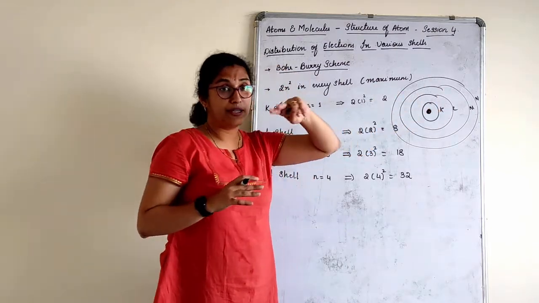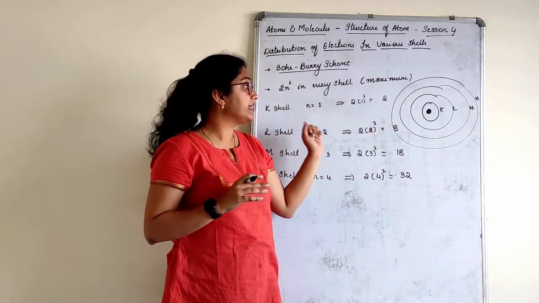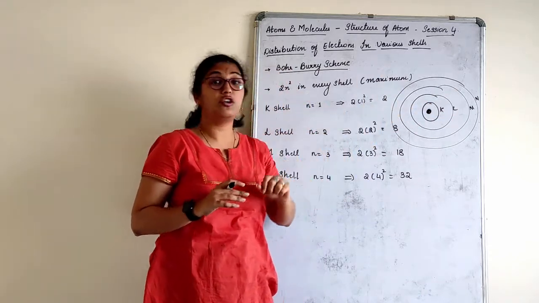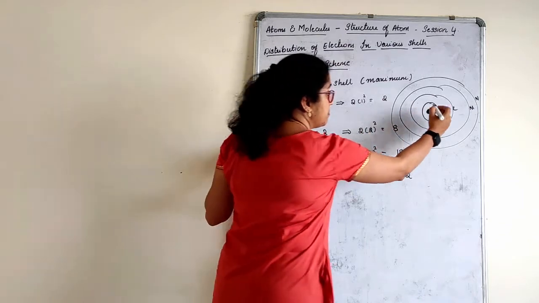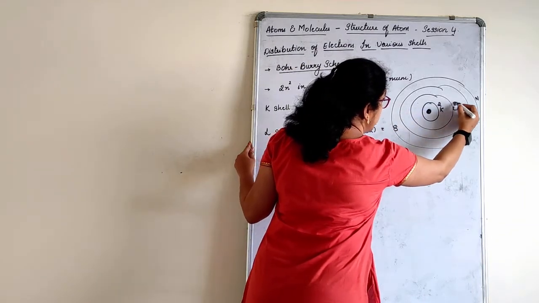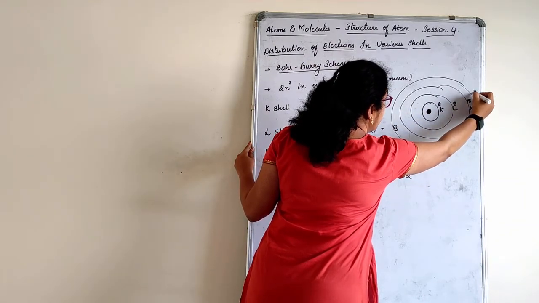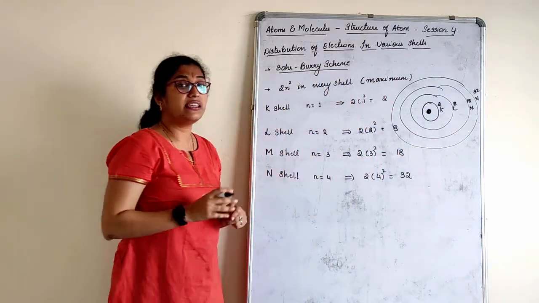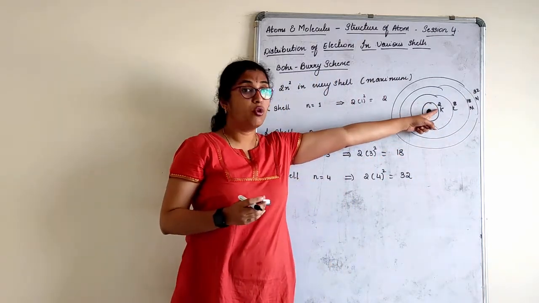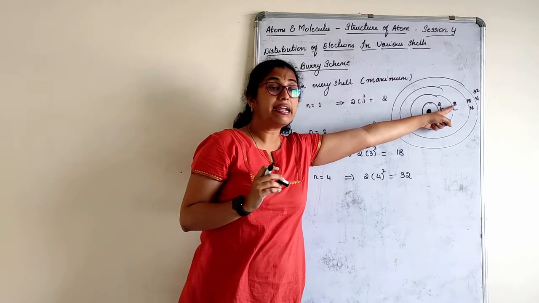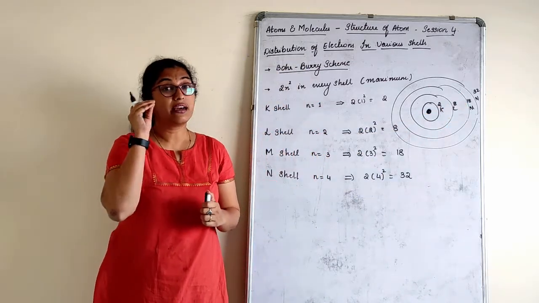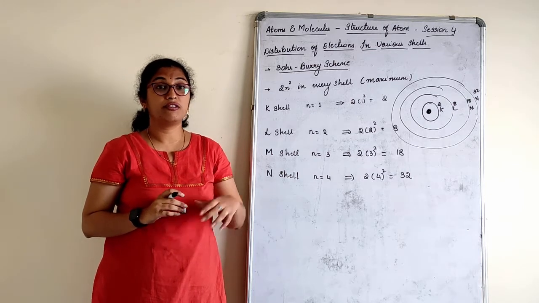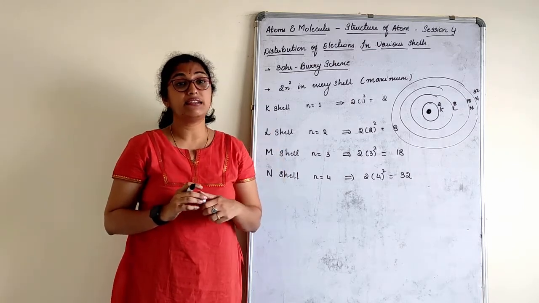Simple. K can accommodate 2, L can accommodate 8, followed by 18, followed by 32. Even though it can accommodate as per the rule 2, 8, 18 and 32 in a given shell, more than 2 it will not, more than 8 it will not, more than 18 it will not. That means I can't fill 17 electrons there, children, or I can't fill exactly 18 electrons.